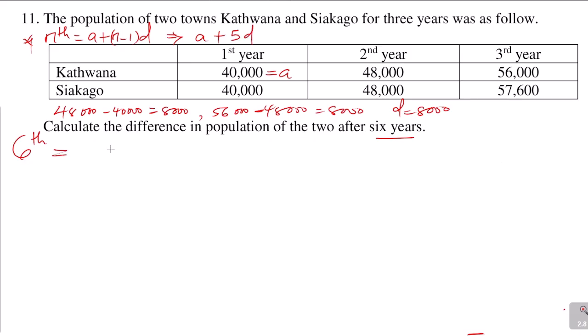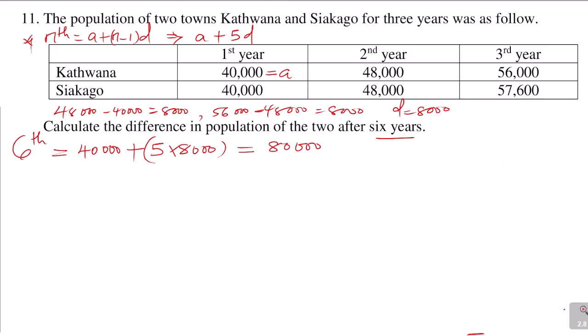So the 6th term will be given by a, the first term, which is 40,000, plus 5 multiplied by d, the common difference, which is 8,000. So that will give us the population after 6 years. What will be the population, the 6th term? This will give 80,000. That is what you're going to get.